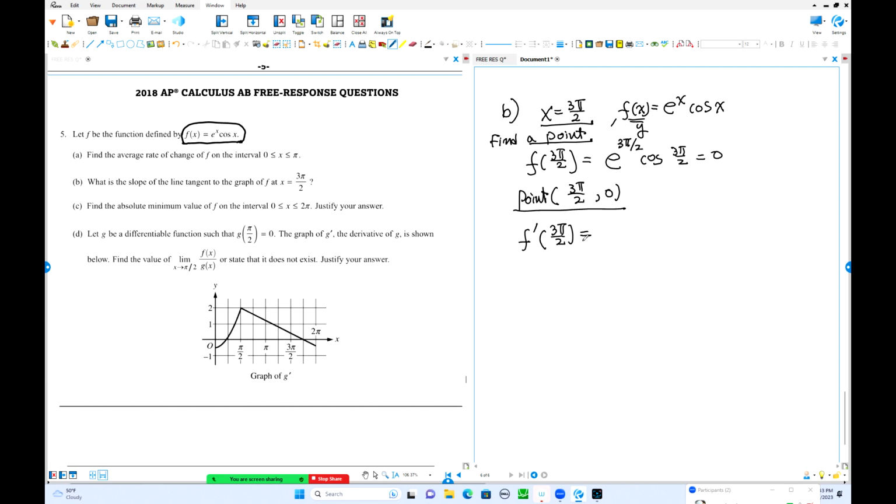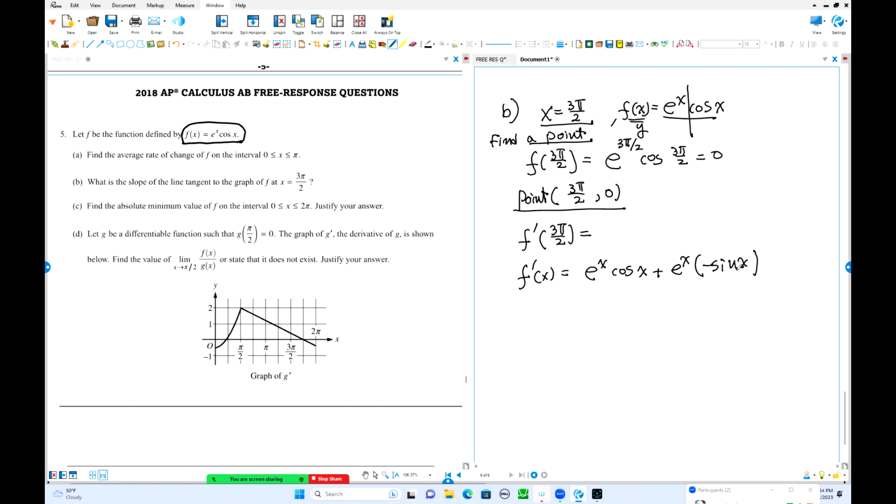To find this, we take the derivative, so f prime of x first. Using the product rule, the first one's derivative is e to the x times cosine x, plus, don't touch the first one, the derivative of the second: the derivative of cosine x is negative sine x. That is f prime of x.